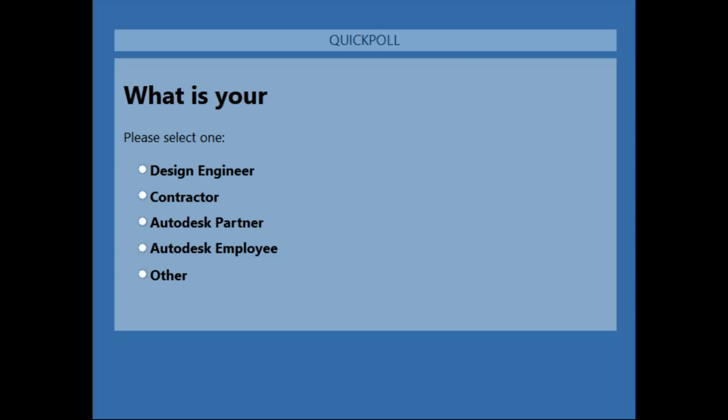We're going to give a few more seconds. The answers are still coming. As expected, we have a third of the audience as design engineers, the other third as Autodesk partners. We have very few Autodesk employees online and around 20% other roles. Perfect, thank you very much.